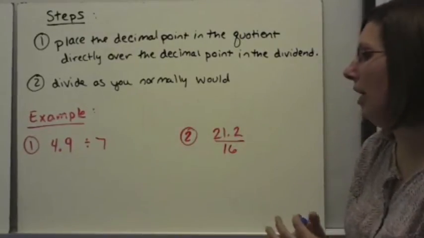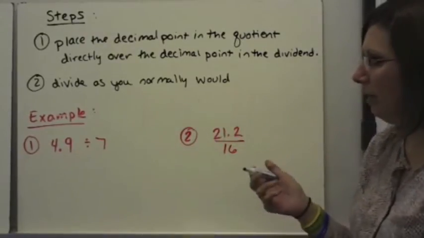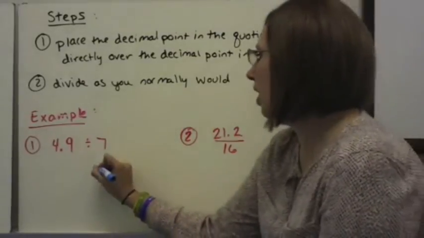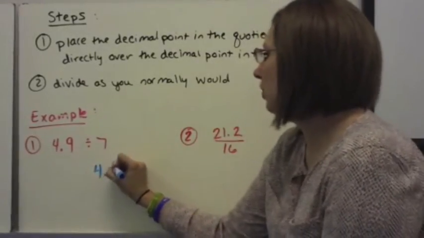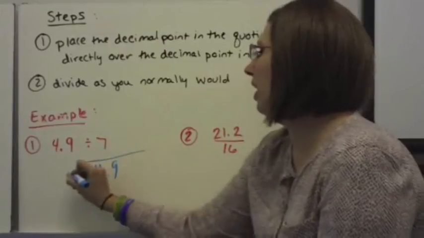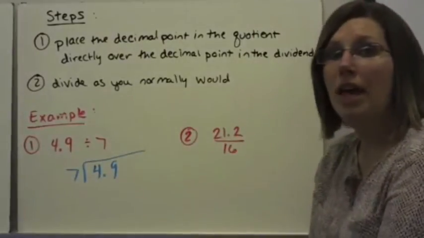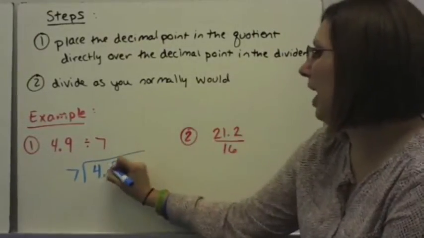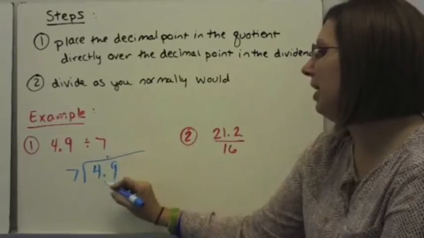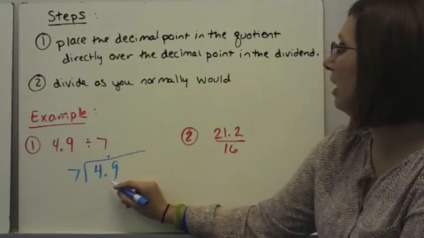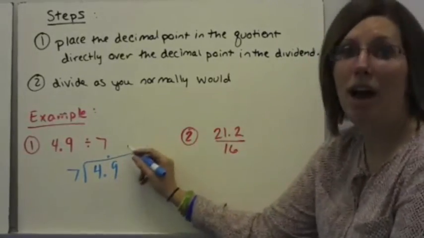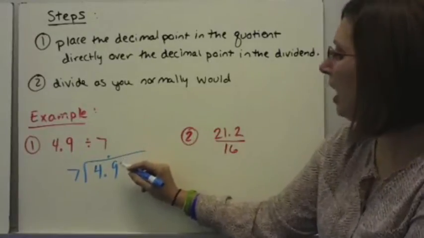So here we have 4.9 divided by 7. I'm going to set up this problem. It's 4 and 9/10 divided by 7. And then I'm going to divide like I normally would after I complete step 1, bringing that decimal point in the dividend directly up into the quotient.